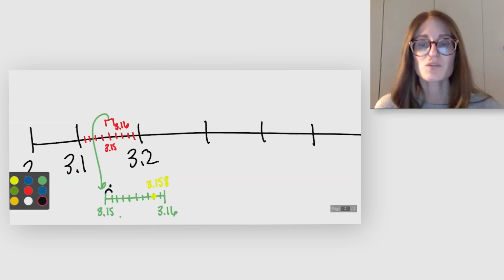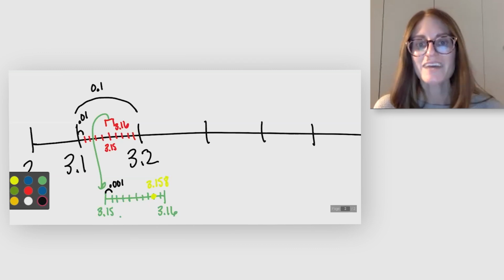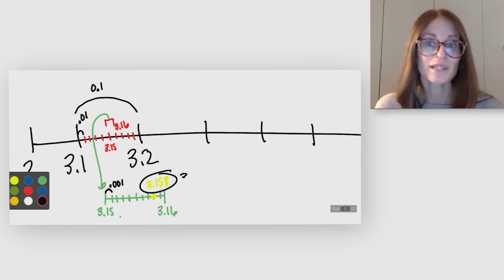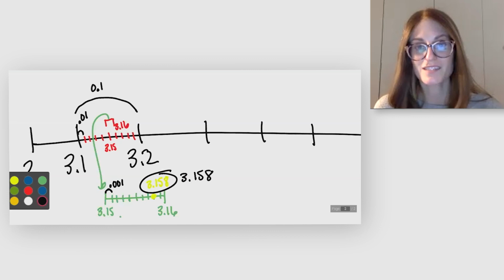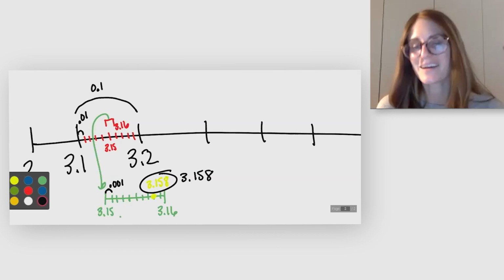I split the distance between 3 and 4 into tenths, then I split the distance between 3 and 1/10 and 3 and 2/10 into hundredths, then I split the distance between 3 and 15 hundredths and 3 and 16 hundredths into thousandths. So altogether, I have 3 and 158 thousandths, which can also be thought of as 3 and 15 hundredths and 8 thousandths, or as 3 and 1/10, 5 hundredths, and 8 thousandths.